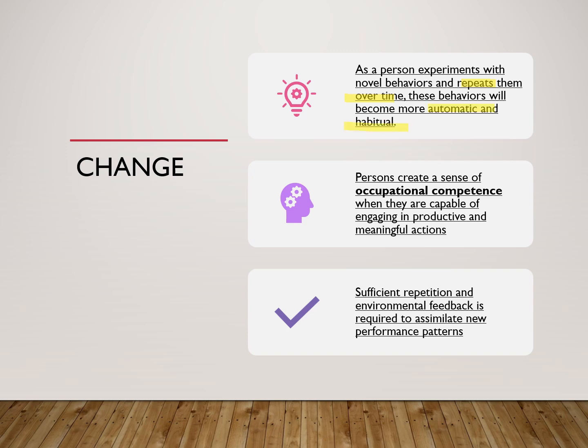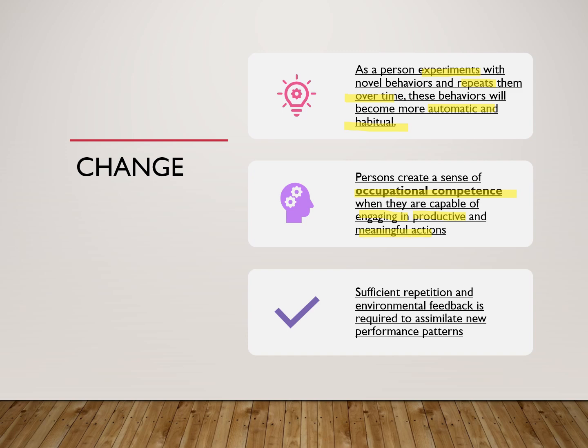We also have experimenting, right? So we're trying different things. Then a person creates a sense of occupational competence when they are capable of engaging in productive and meaningful actions. So they have to be productive and meaningful.